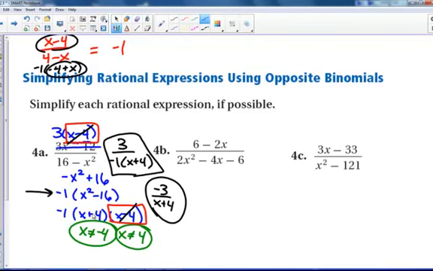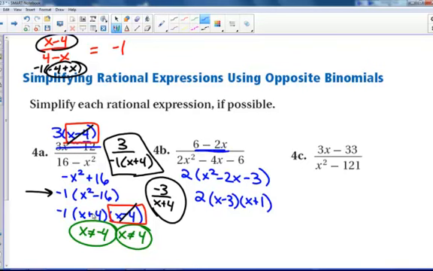Okay, this next one, I see again as problems. The denominator, there's a greatest common factor of 2. When you're factoring, the first thing to look for is a greatest common factor. And then we have x minus 3, x plus 1. Now, I need to get up here either an x minus 3 or an x plus 1 to cancel.